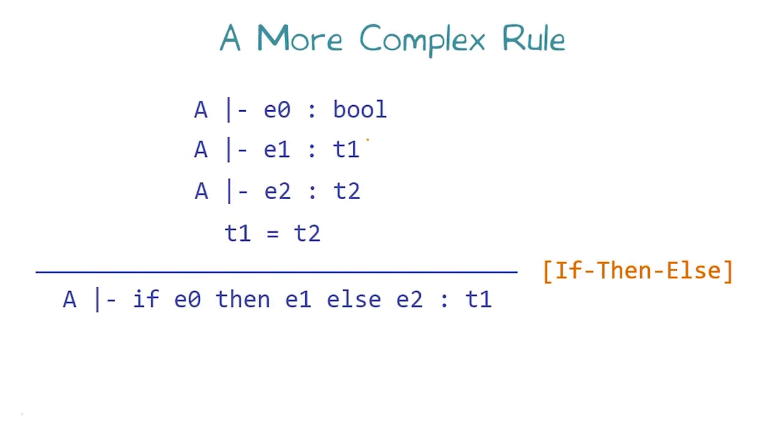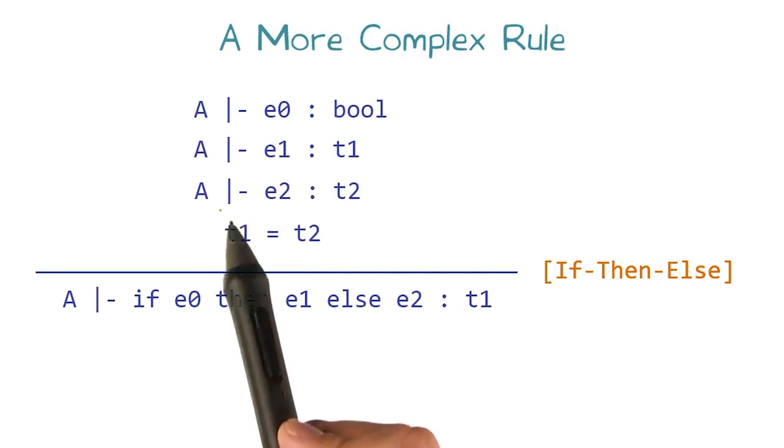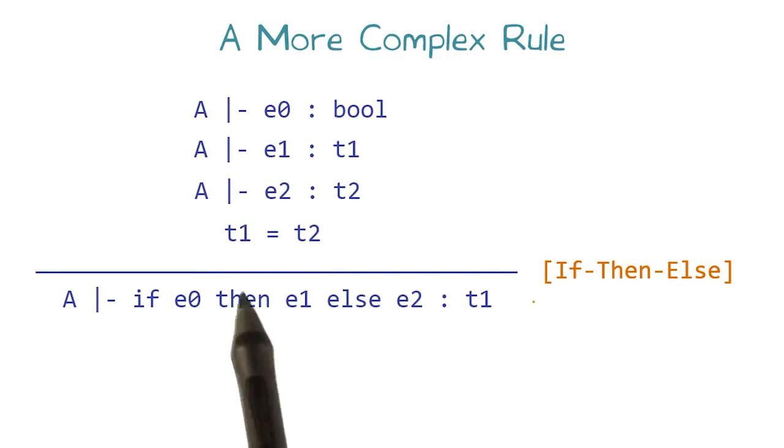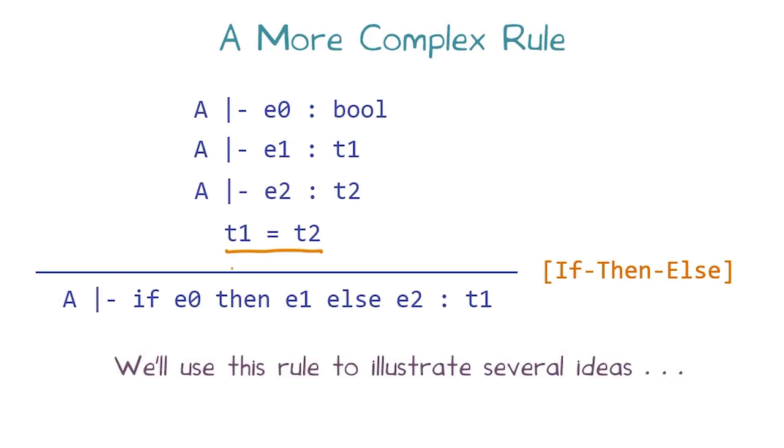Also notice that we have a new form of hypothesis, T1 equals T2, which we do not preface with the "is provable that" notation. This expression is called a side condition. It is an additional constraint that must be satisfied in order for the inference rule schema to be instantiated. We'll use this rule several times throughout the remainder of the lesson to illustrate some key concepts.